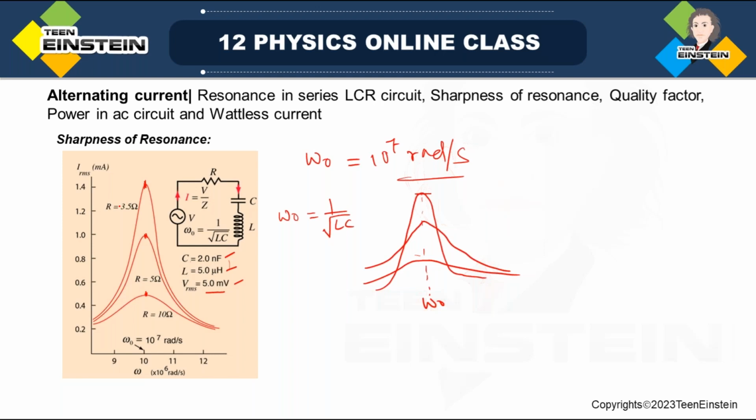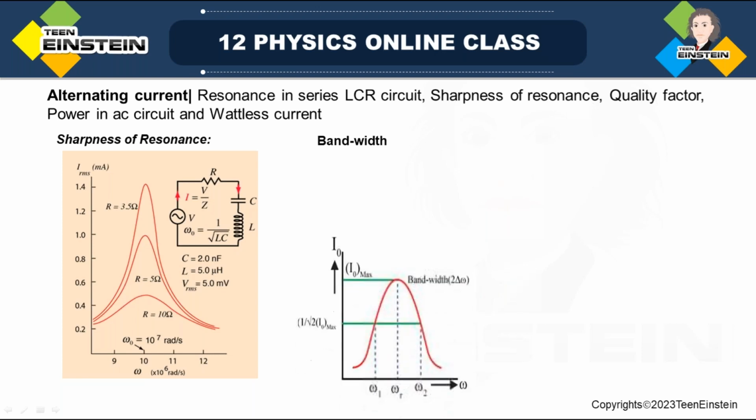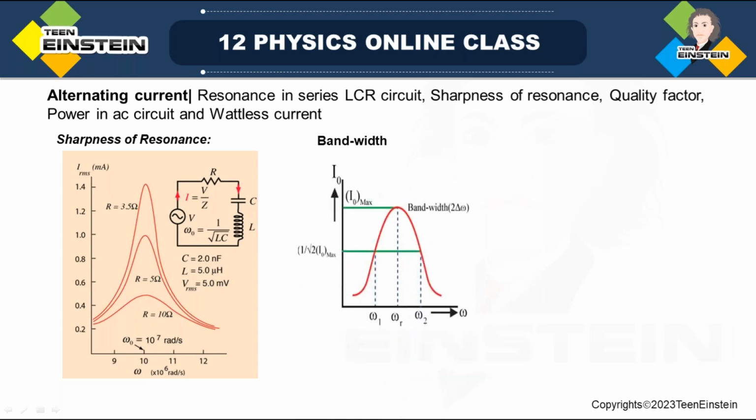To understand sharpness of resonance, we have to define a factor called quality factor. Before we learn quality factor, we need to learn what is called bandwidth. I have a typical resonance curve you can see here. Bandwidth is actually the difference between two frequencies.